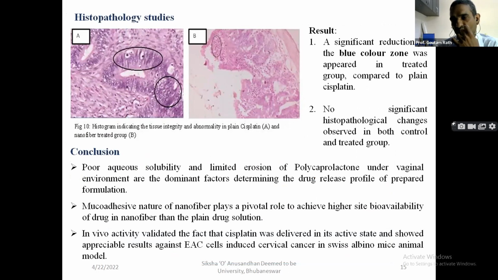This is the histopathology. It is very essential because the nanofiber is designed to be retained at a specific site, and chemotherapy drugs are known to produce side effects on the epithelial cells. So these are the histopathology structures.